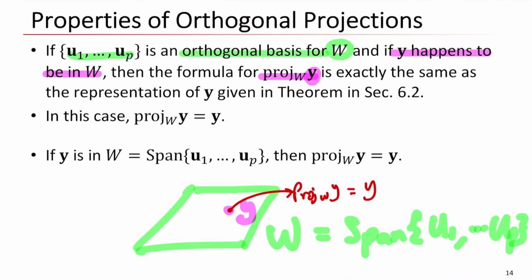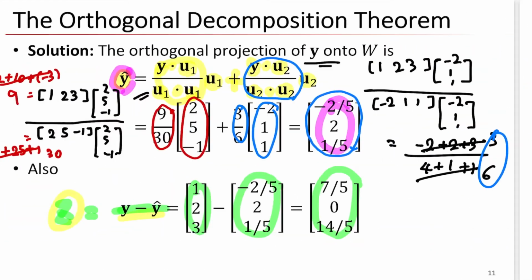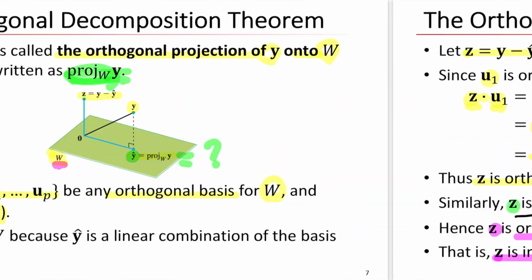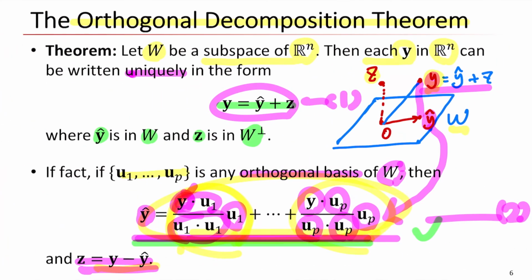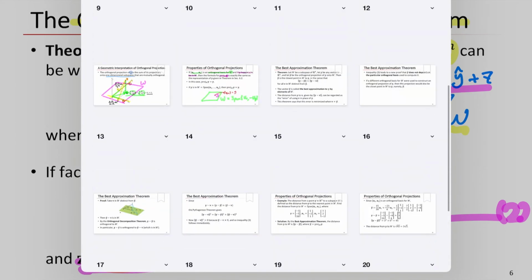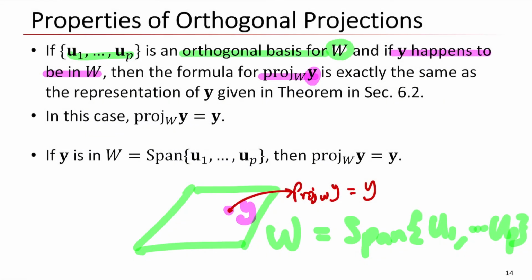So if you have y in the W space, this definition will be exactly the same as y. Okay, so in this case, the orthogonal projection of y onto the W space is equal to y itself. So in other words, if y is in W, then the projection onto W of y is equal to y itself.